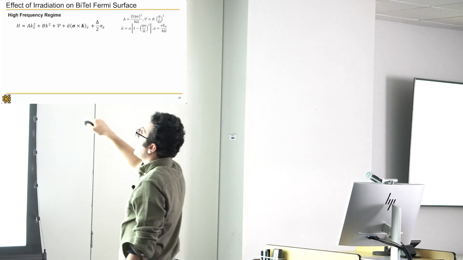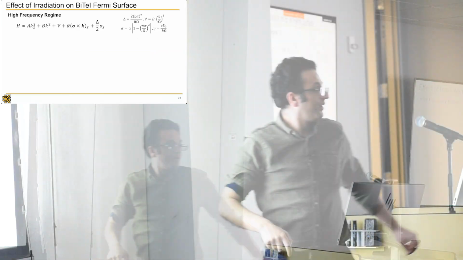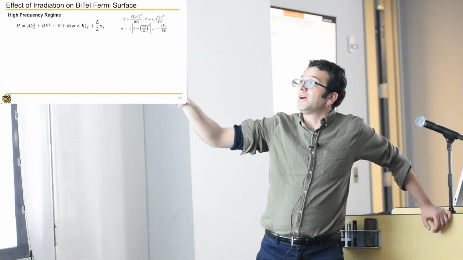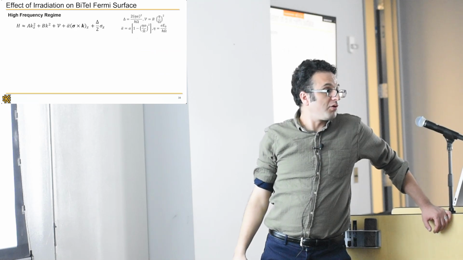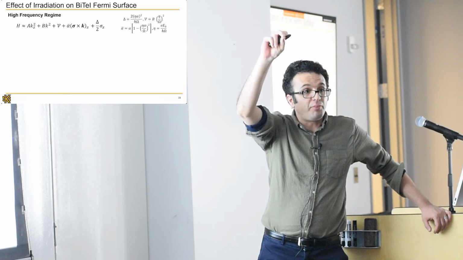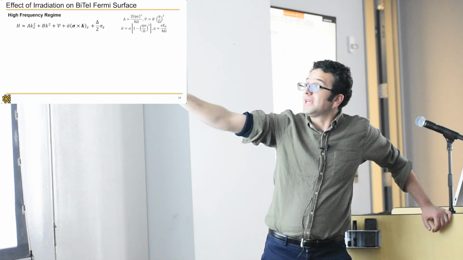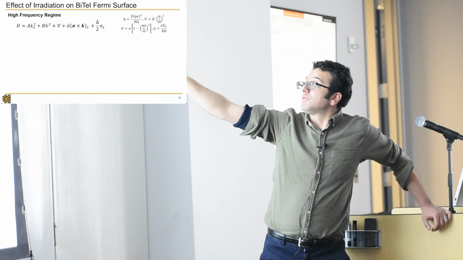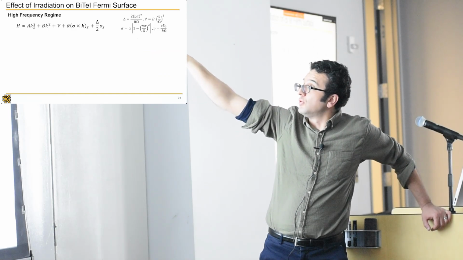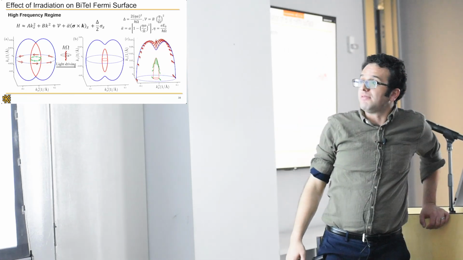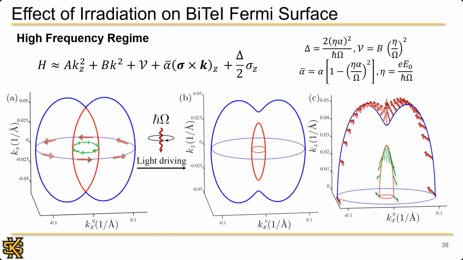But in addition to that, we have a third term, which leads to the opening of a gap in my spectrum. Okay? So previously I had these Dirac points, KD and minus KD. These points are going to be gapped, and the size of the gap is proportional, of course, to the light-matter coupling that I have. So I go from this type of picture at equilibrium.